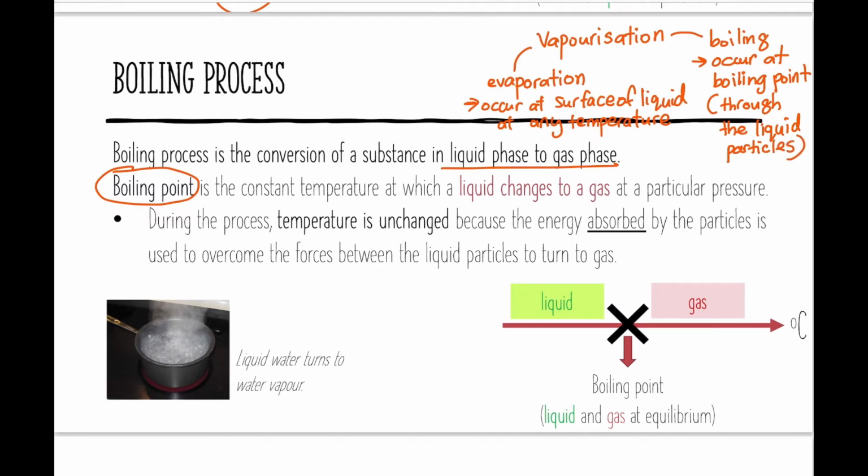Boiling point is the constant temperature at which liquid changes to a gas at a particular pressure. During this process, the temperature is unchanged because the energy absorbed by the particles is used to overcome the forces between the liquid particles to turn to gas.